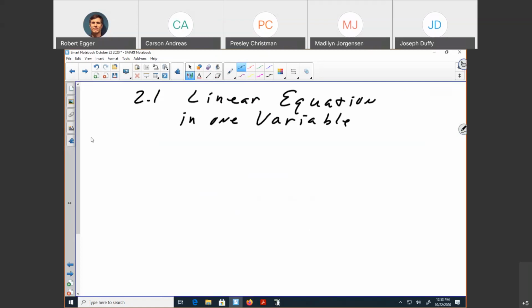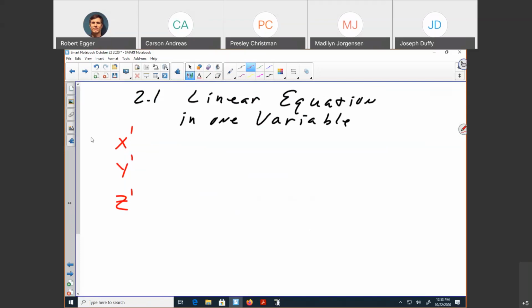First thing, one variable means I'm only going to have an x or a y, one of them, not more than one. So there's only one unknown. And being linear means I'll just have powers of 1. Not power of 2, which is quadratic. Not power of 3, which is cubic. Not power of 4, which is quartic. Okay.